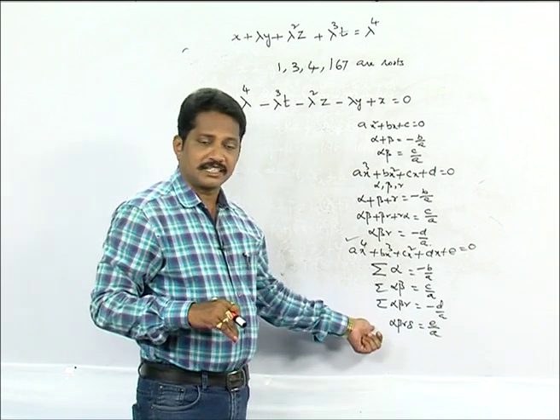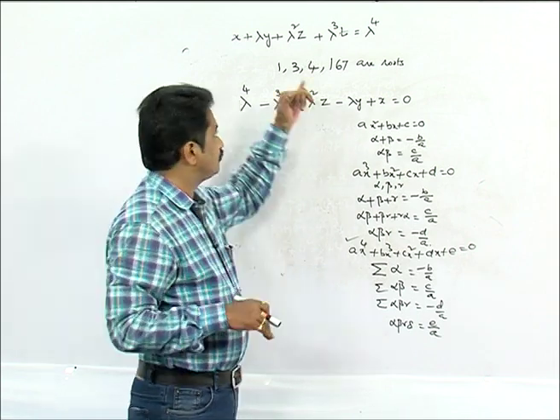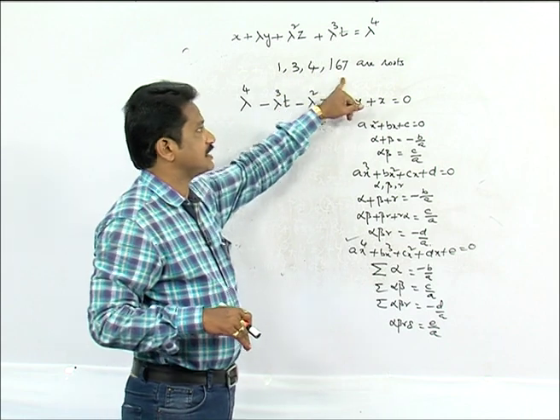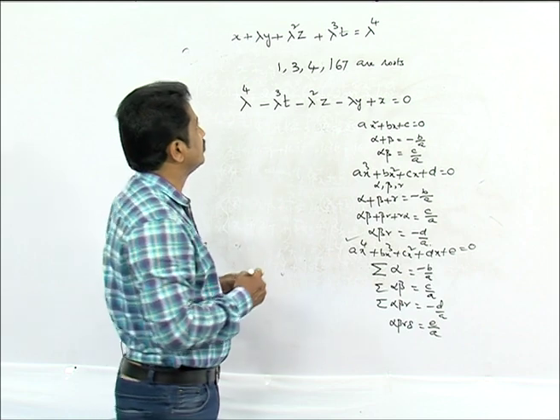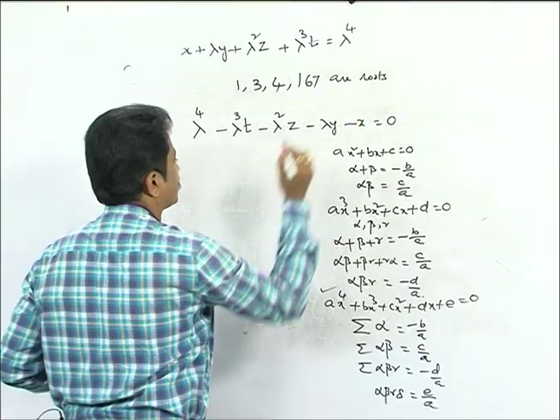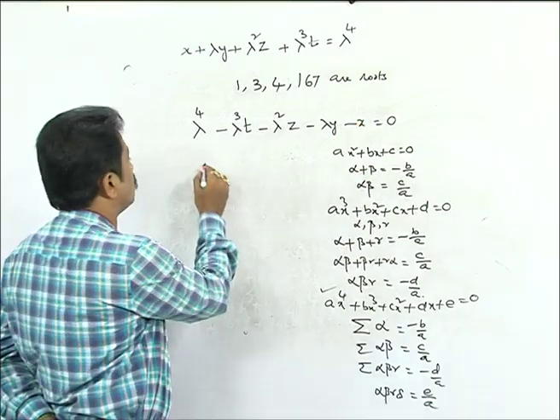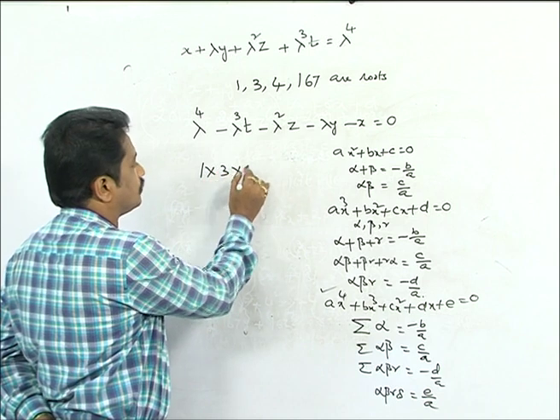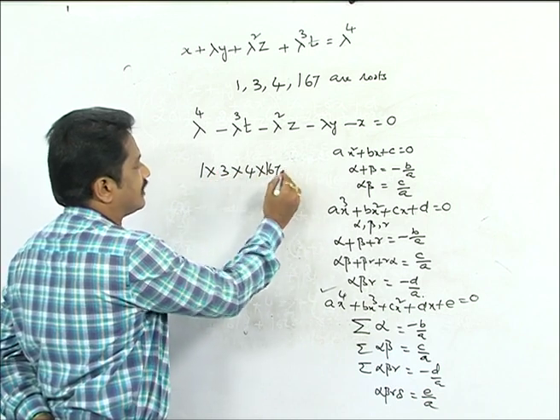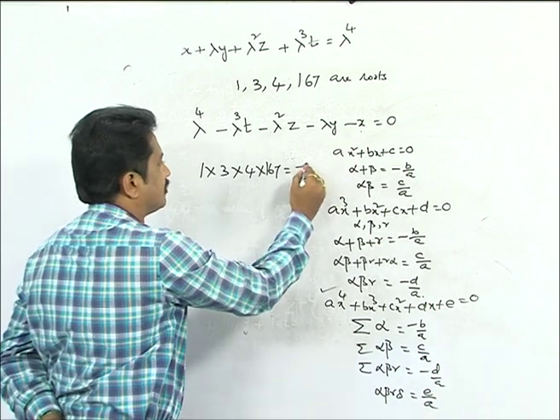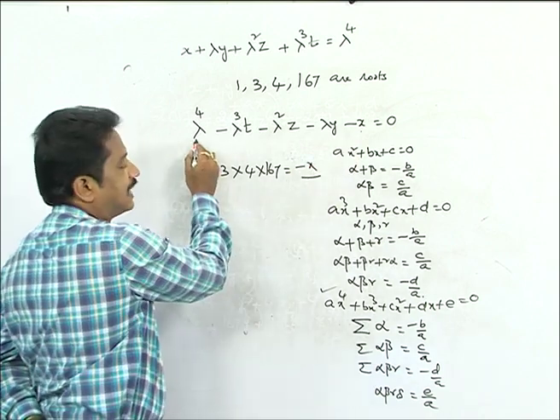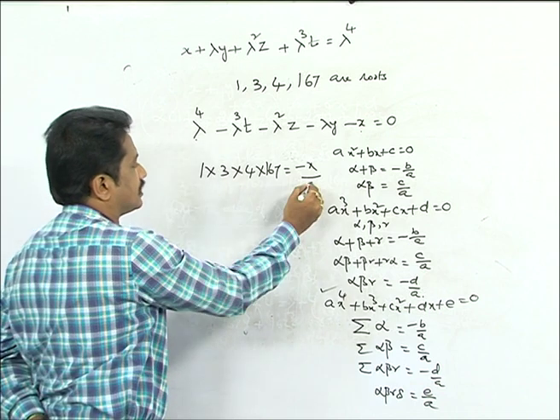I am considering the fourth degree, so we have 4 roots 1, 3, 4, 167. What is the product of the roots? The product 1, 3, 4, 167 is equal to the constant, minus x by the alpha to the power of 4 coefficient, 1.